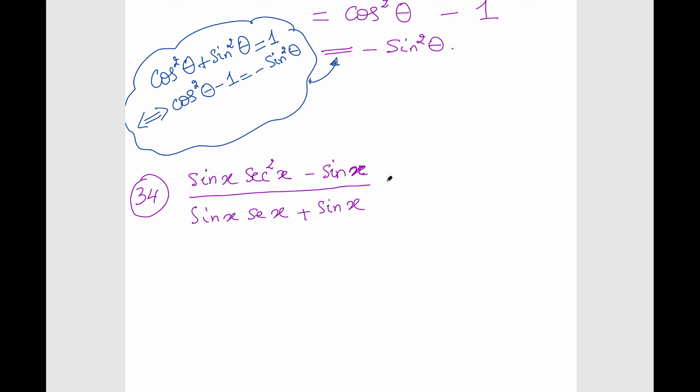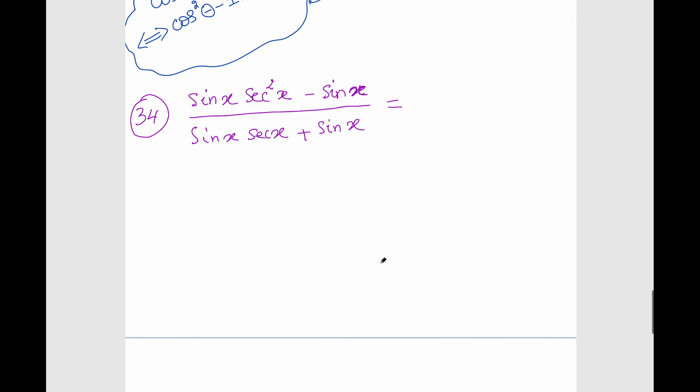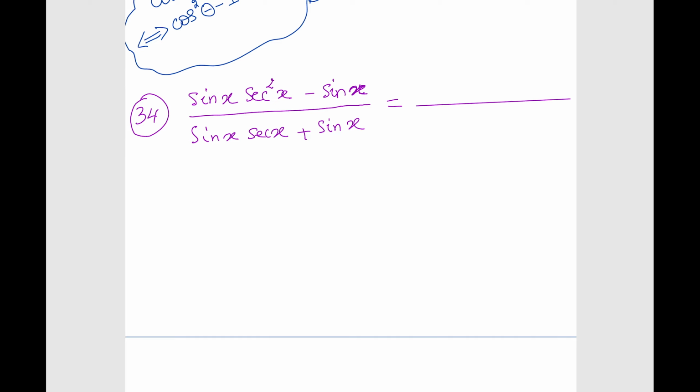Okay. And I would like to simplify this. Oops, I missed a C here. Okay. Again, please pause the video and think about it. The way I'm gonna proceed is I'm gonna factor out the sine upstairs and downstairs. See if this is gonna lead us anywhere. If you factor out sine upstairs, you get sec squared of x minus 1, right?